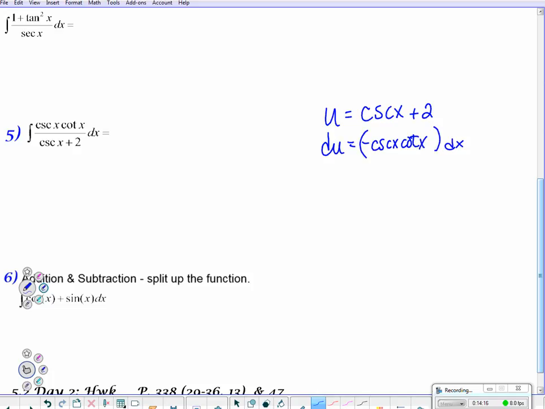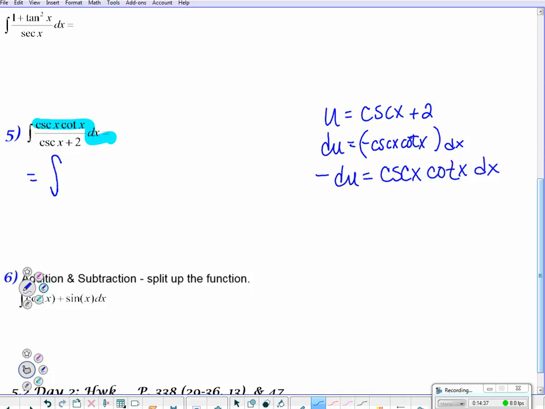All right, so that gives us, oh, now checking back across, I don't need the negative, do I? So a negative du is comparable to a cosecant x cotangent x times dx. Trade things out over here.